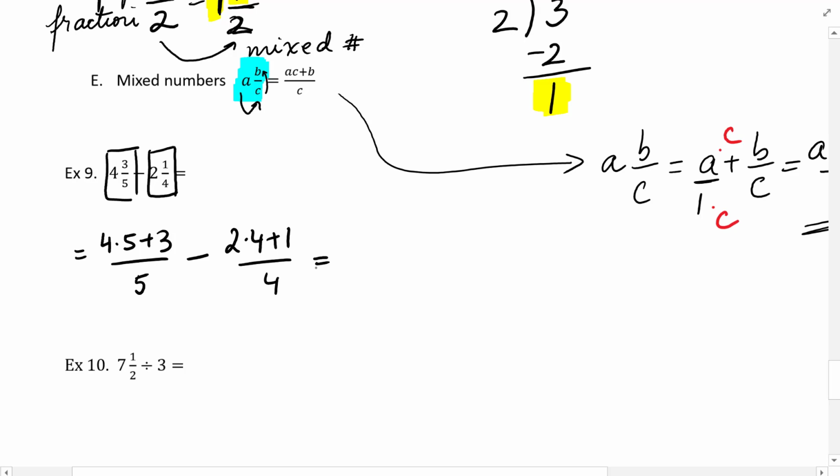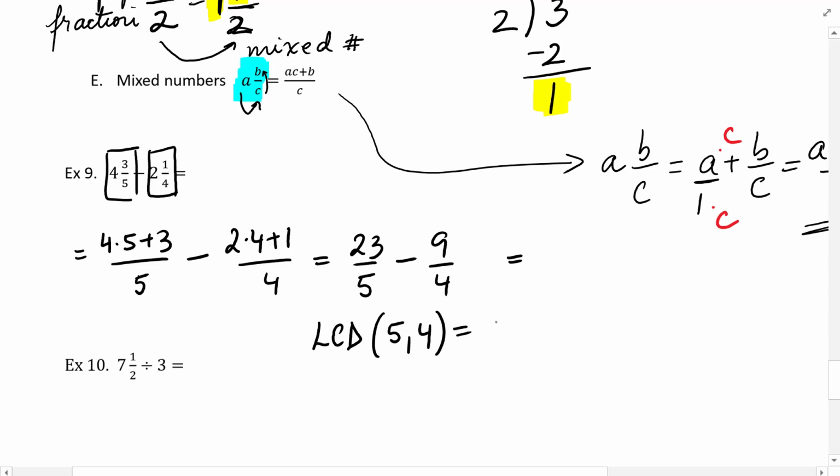So 4 times 5, 20 plus 3, 23 over 5 minus 2 times 4, 8 plus 1, 9 over 4. So we have a subtraction between two fractions with different denominators, LCD of 5 and 4. Well, because they don't have any common factors, it's just 5 times 4, which is 20.